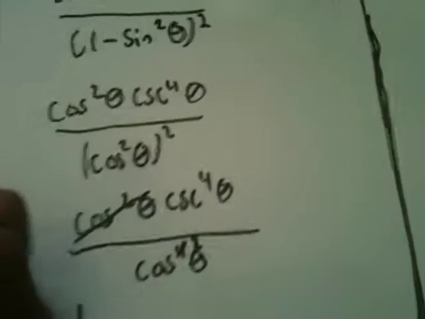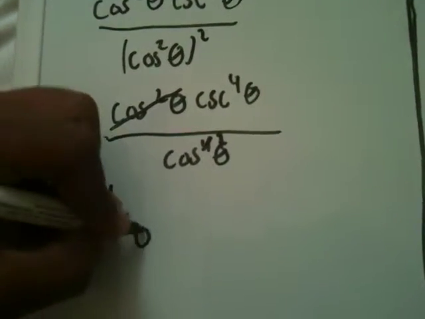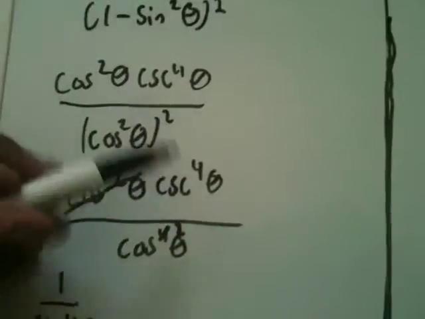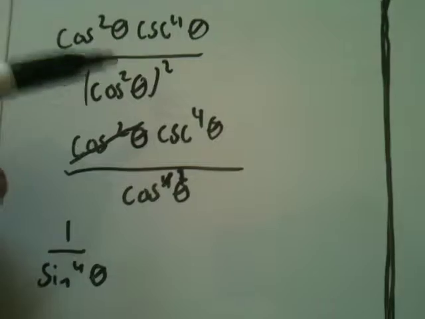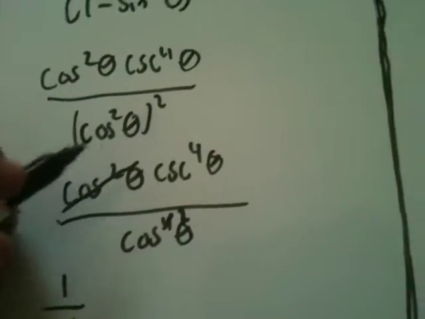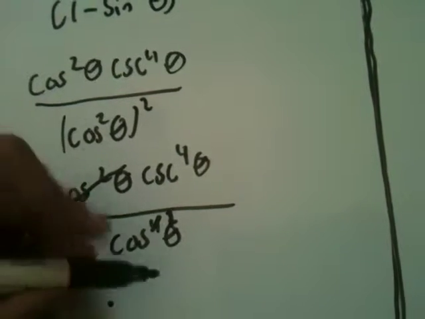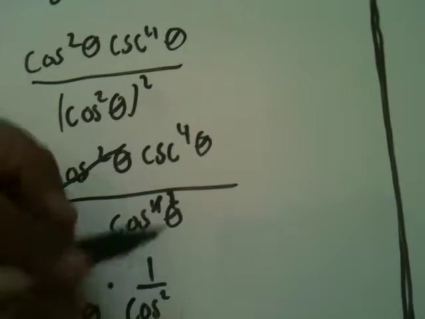So that's 1 over sine to the fourth of theta. And that's divided by a cosine squared, which is multiplying by 1 over a cosine squared. So it's going to be 1 over cosine squared of theta.